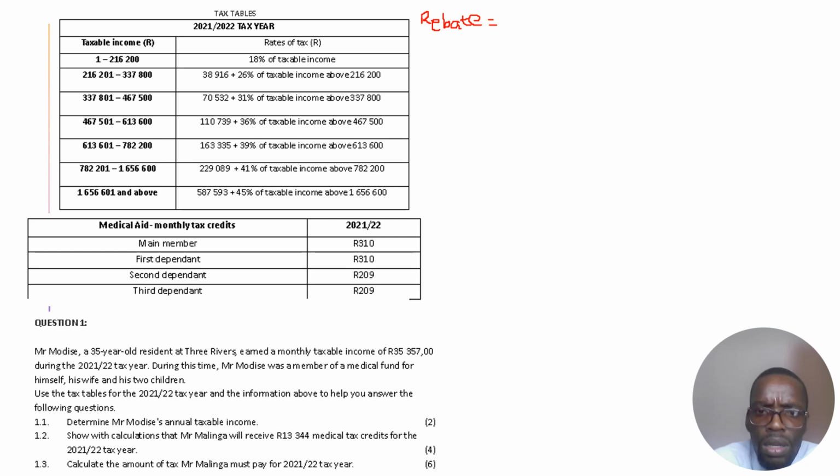Rebate for him, maybe the rebate is going to be 15,714.